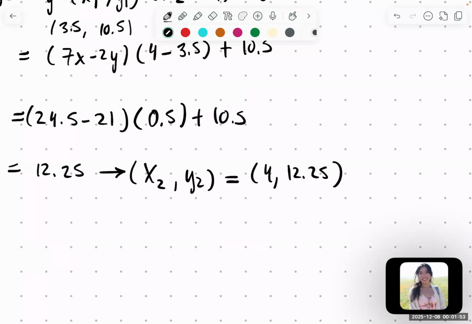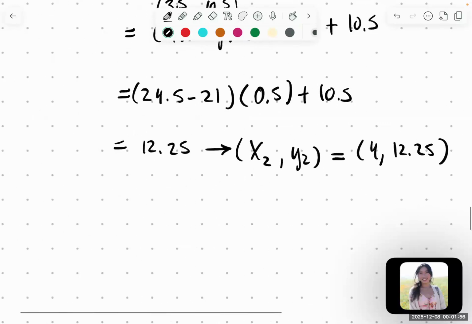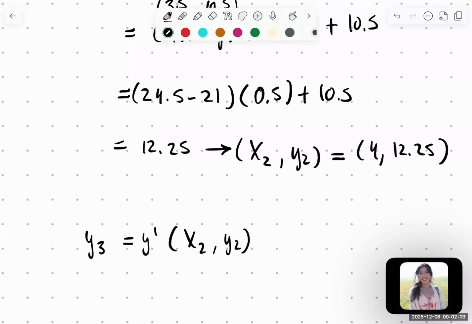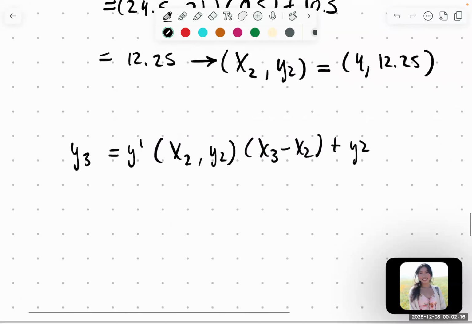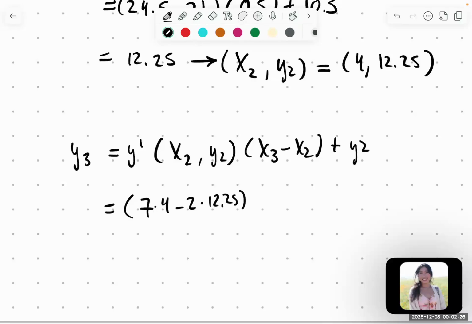Okay, so we're almost done, but we just have to compute our y3 to find our x3 and y3. So we're going to do the same exact thing again. But this time we're going to use our x2, y2. We're going to find our x3 minus x2 plus y2. And then we're going to do, let's see, it's 7 times 4 minus 2 times 12.25.